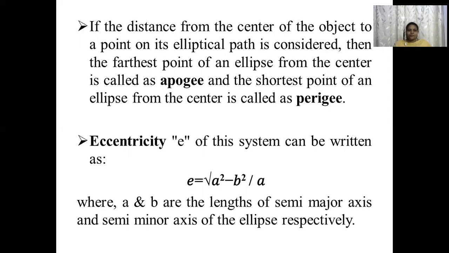So the farthest point is apogee and the closest point is perigee. Here we are also defining one more parameter, that is eccentricity. It is represented with e. Eccentricity of this system can be represented as square root of a square minus b square, divided by a, where a and b are the lengths of the semi-major axis and semi-minor axis respectively.